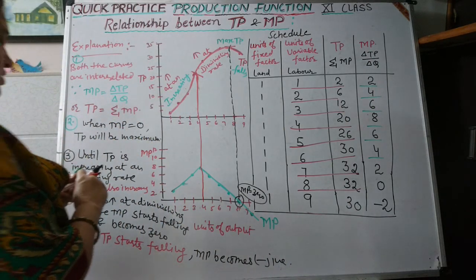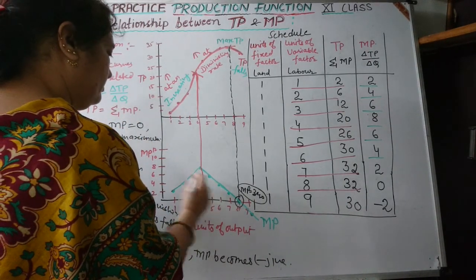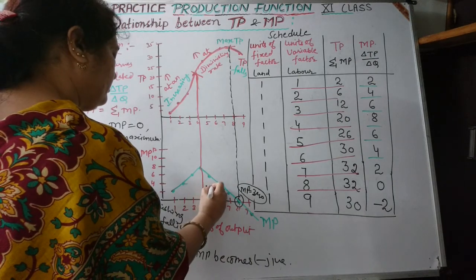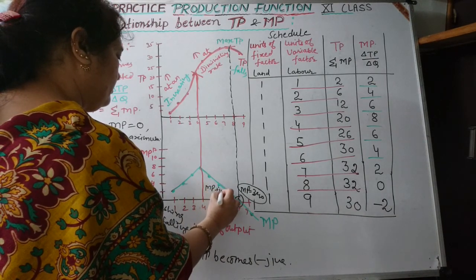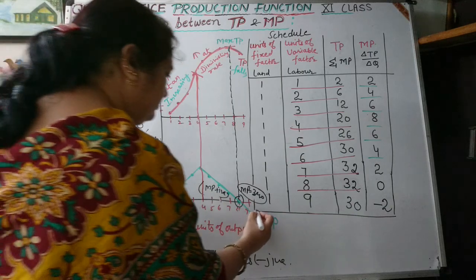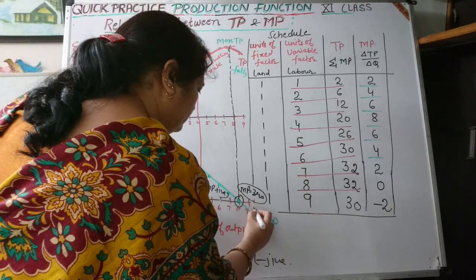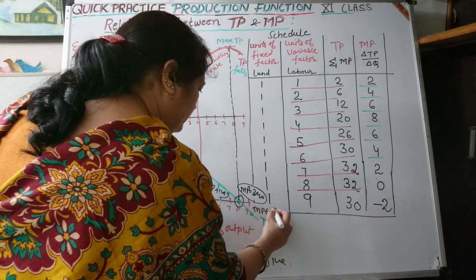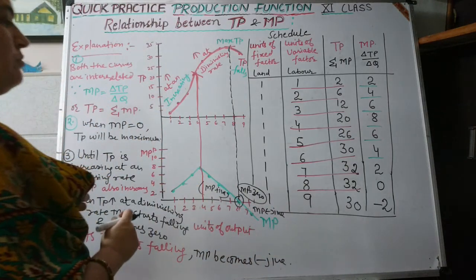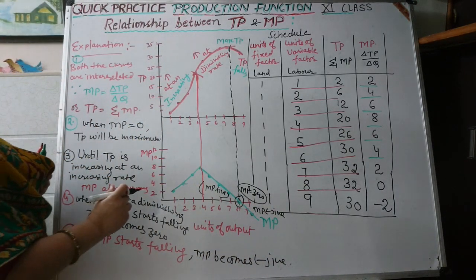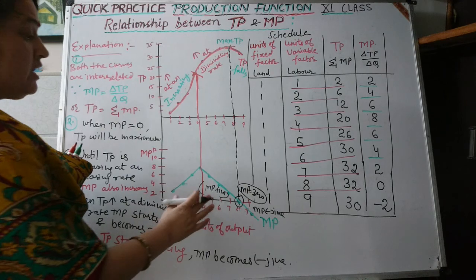So this is the relationship between TP and MP. Mainly we have to describe 3 points.